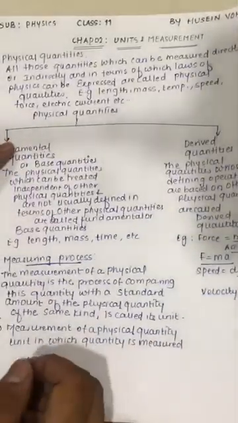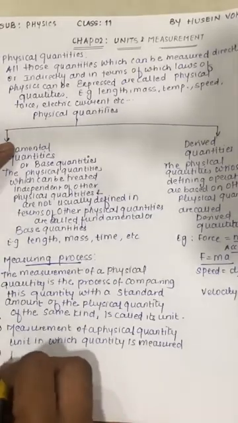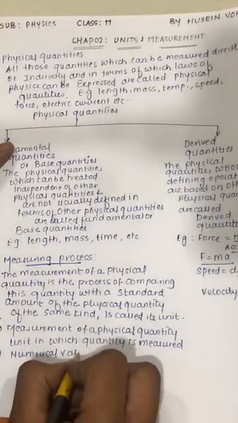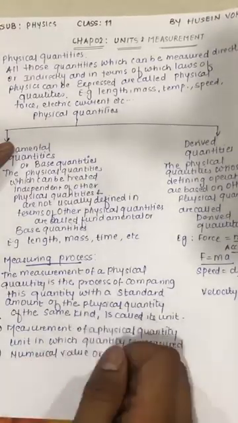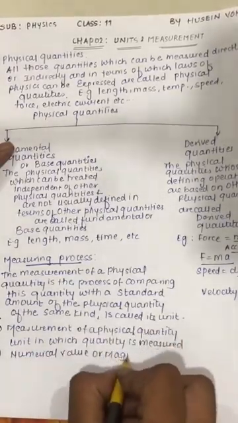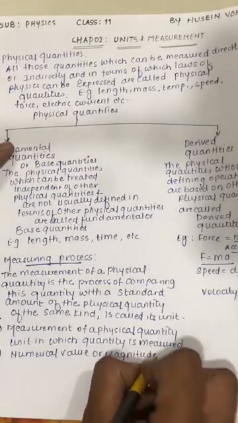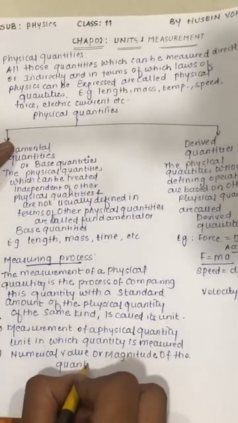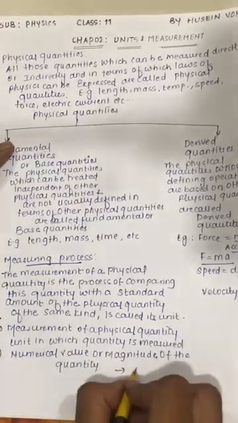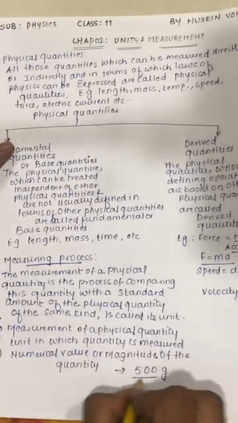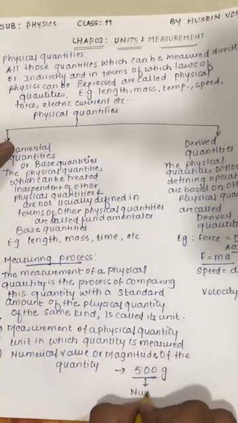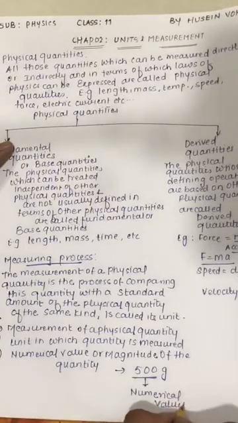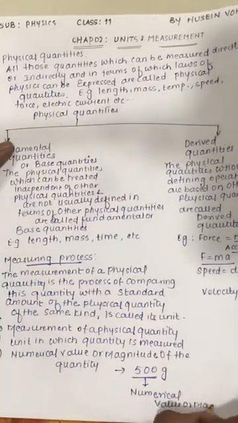And the second thing is the numerical value or magnitude of the quantity. I can give you one example. Suppose 500 grams, in which this 500 is nothing but what? Numerical value, or you can say magnitude of the physical quantity.